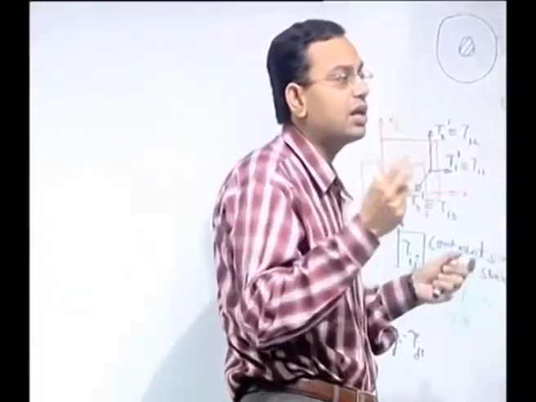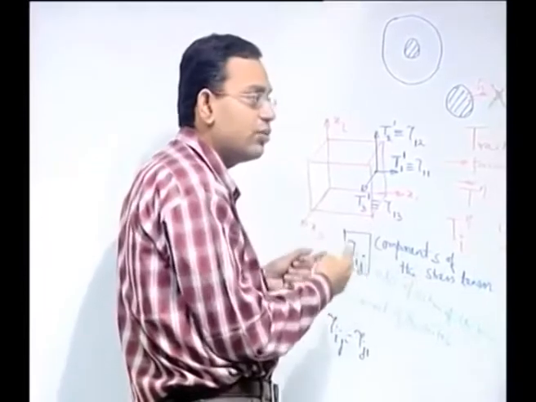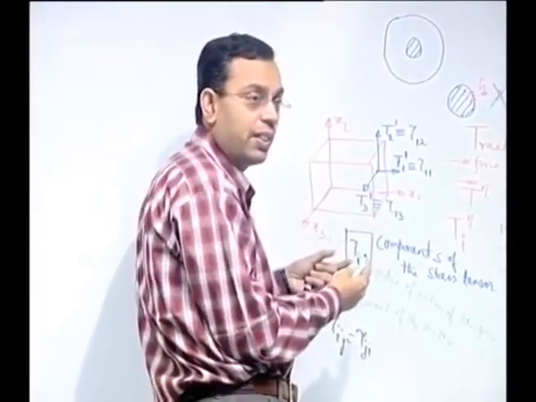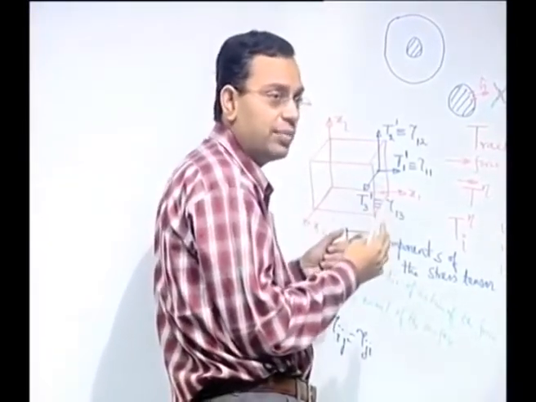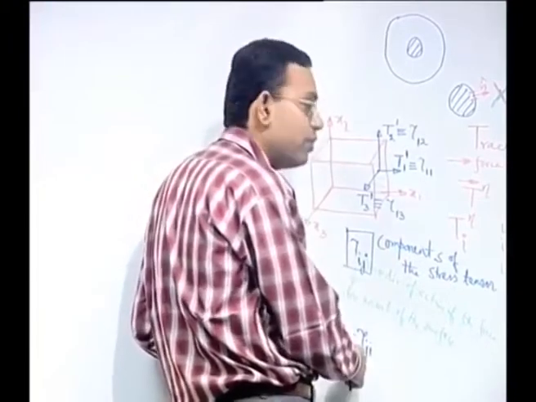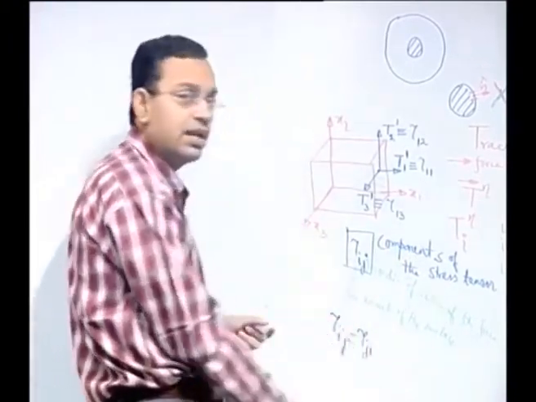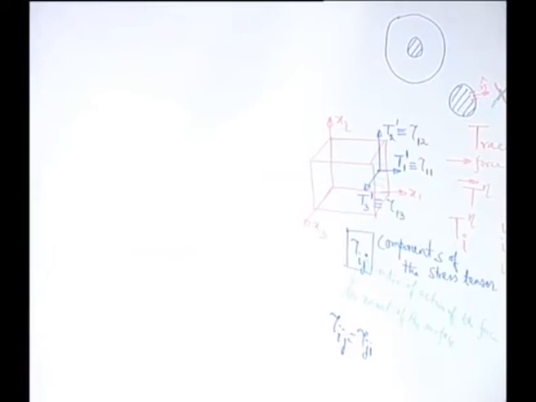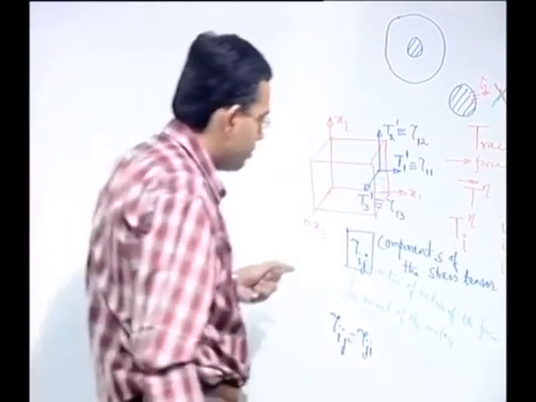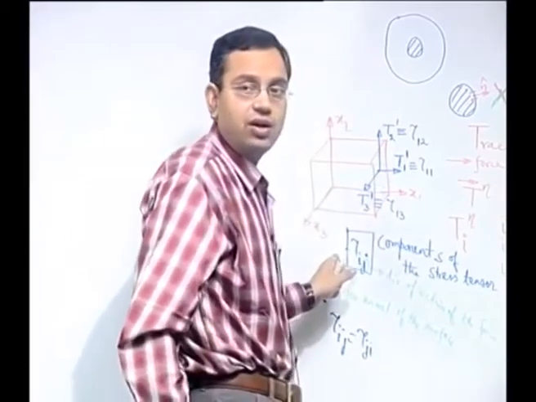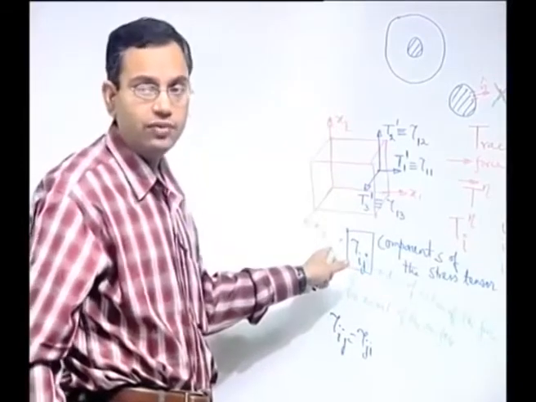Just like you can have body forces, you can also have body couples, but in normal circumstances, if it does not have embedded particles like that, it will not be able to sustain any body couple, and if it cannot sustain any body couple, the angular momentum conservation will automatically give tau ij equal to tau ji. So basically you have 6 independent components of tau ij.